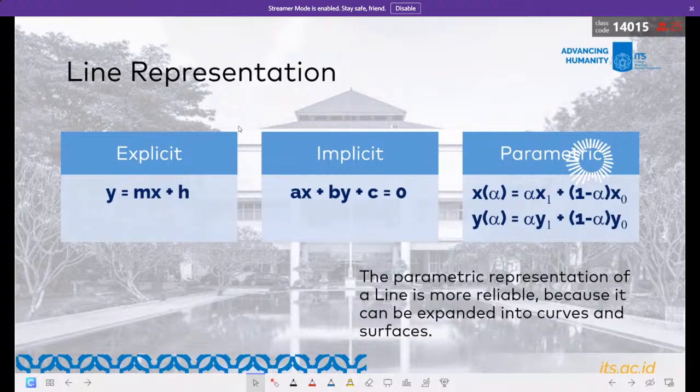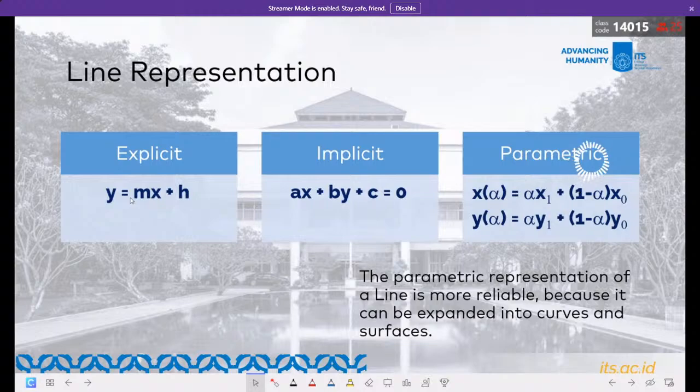So in mathematics, I think mathematics 2, in your second semester, you were taught about the explicit and implicit representation of line, and I think this is the first one that you received as lessons.